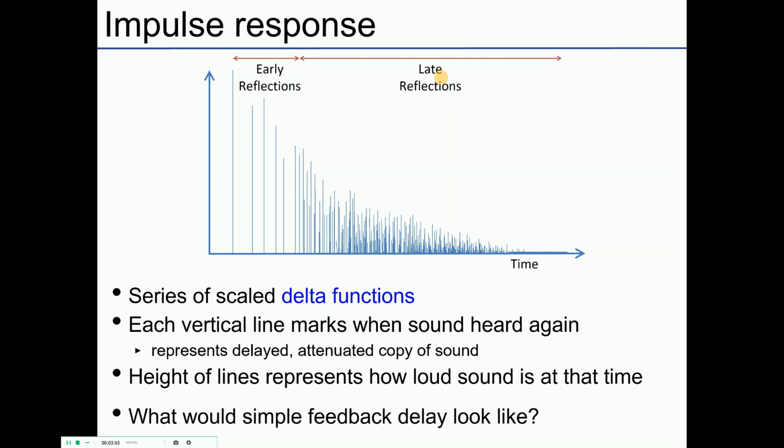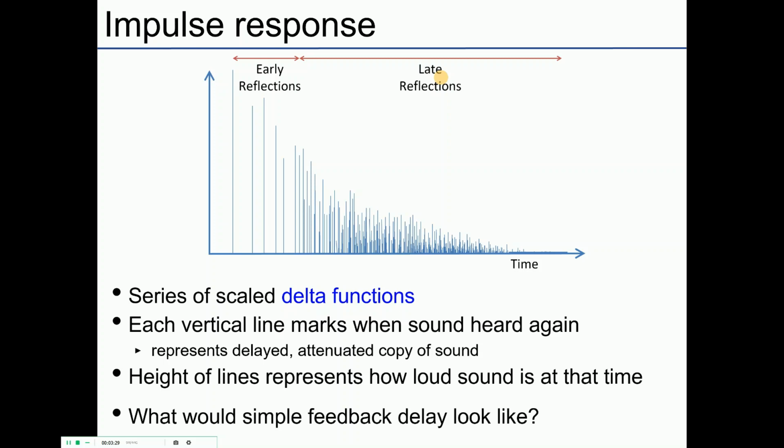The copies will be attenuated over time. If one considers a situation where one pops a balloon or shoots a starter gun or claps their hands in a reverberant environment, what you hear is not just the single pulse, but you hear these reflections, and those are the reflections due to reverberation.